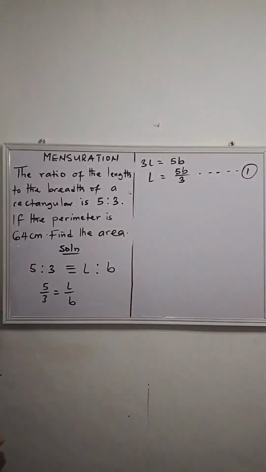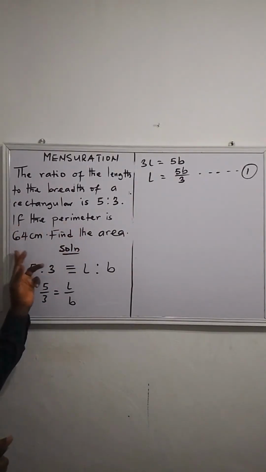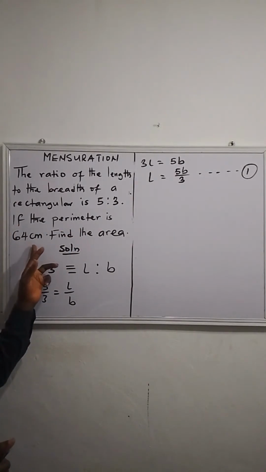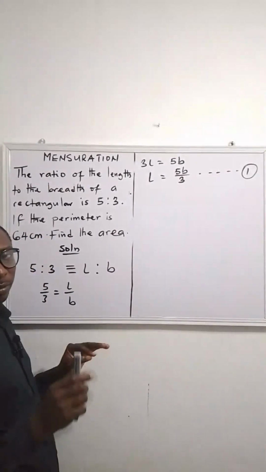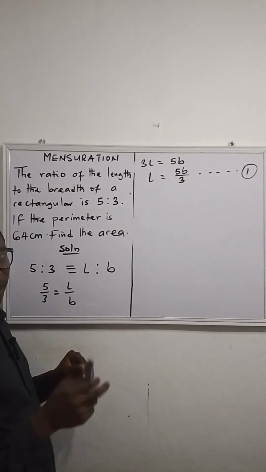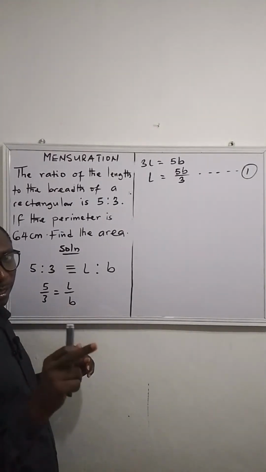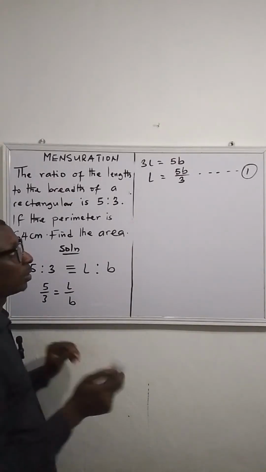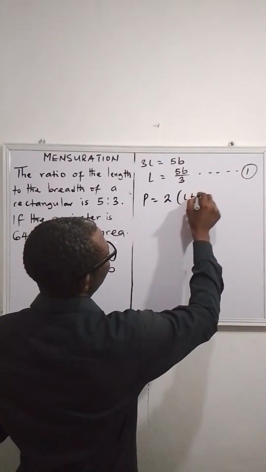All right. So in the question, we are given that the perimeter is 64 centimeter. Now what is the perimeter of a rectangular shape? That is 2 times L plus B, where L is the length and B is the breadth. So we have perimeter equals 2(L plus B).